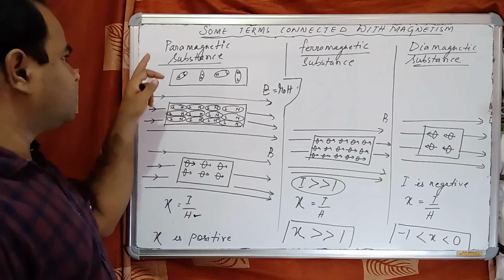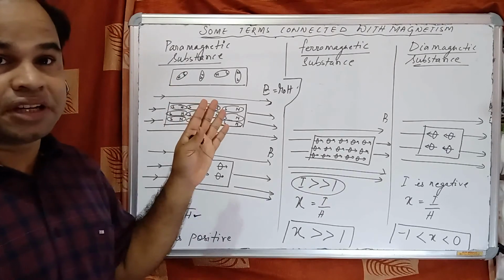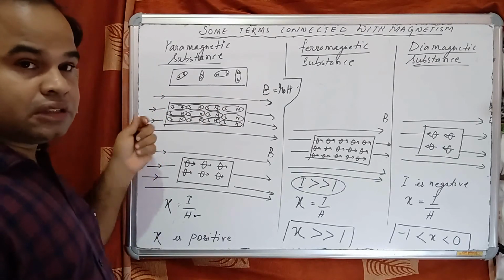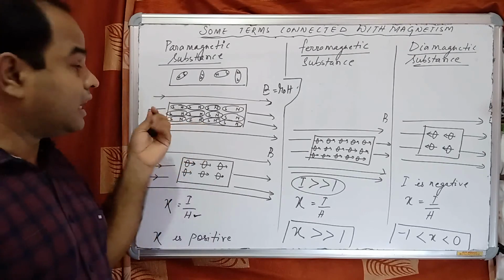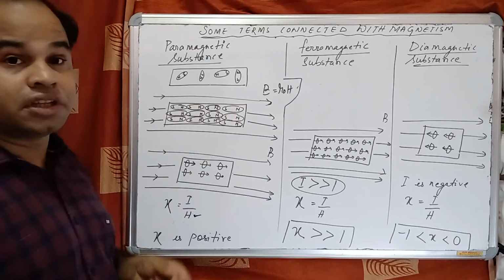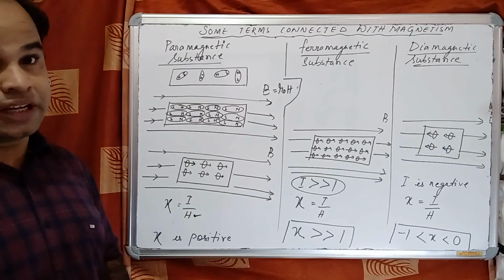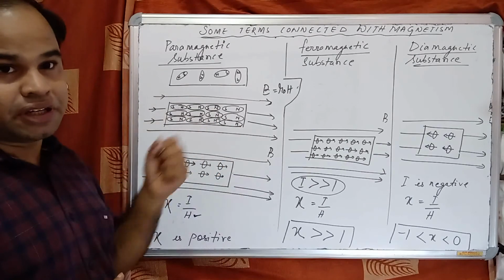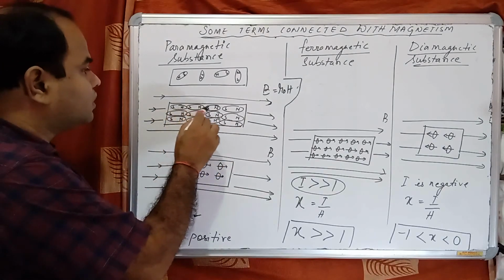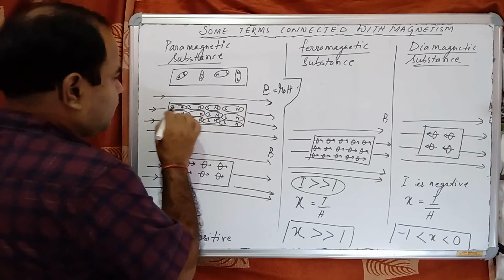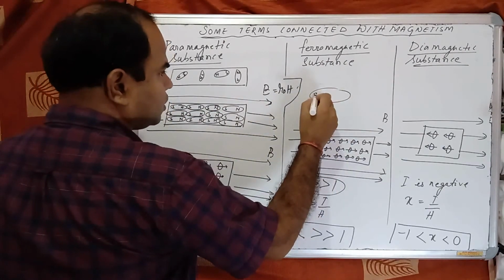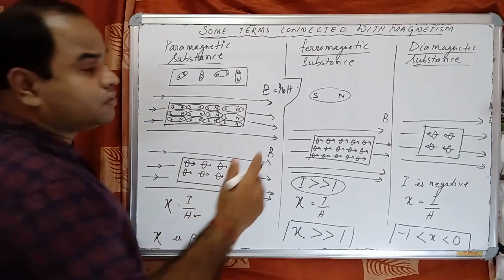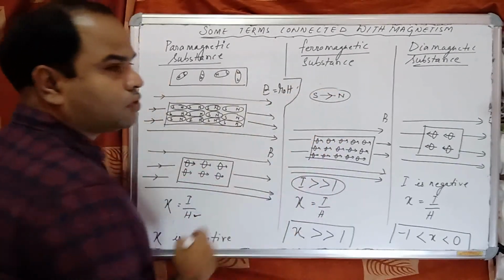We know a paramagnetic substance is attracted by the magnetic field. When it is placed in the external magnetic field, the dipoles which are randomly distributed are now aligned along the direction of the external magnetic field. Each dipole has a south and a north, and the direction of a magnetic dipole is from south to north.